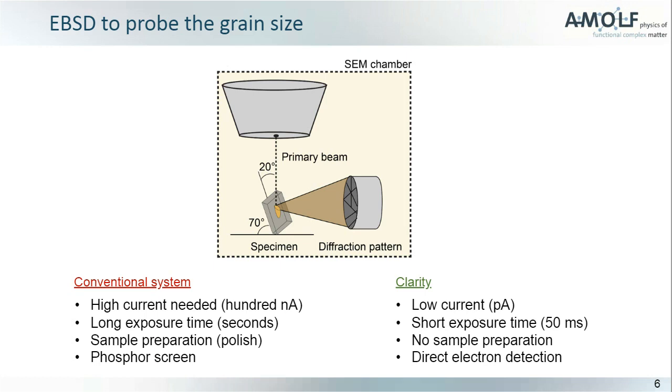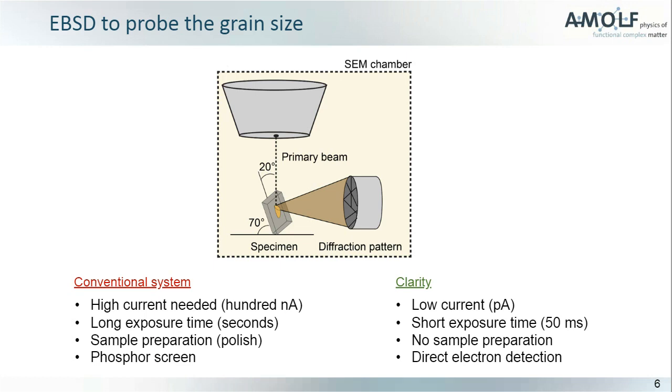And for this one, we really need low current. So the measurements that I'm going to show you are using 50 picoamps and 100 picoamps as current and an exposure time of 50 milliseconds without sample preparation, which is great because the perovskite is quite sensitive.